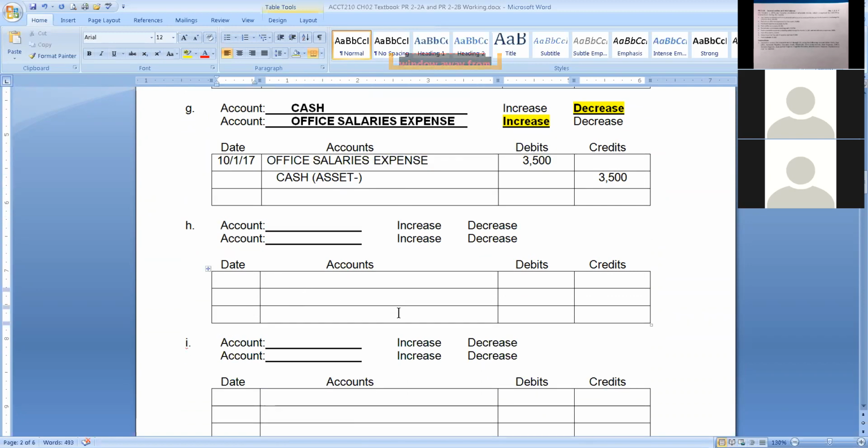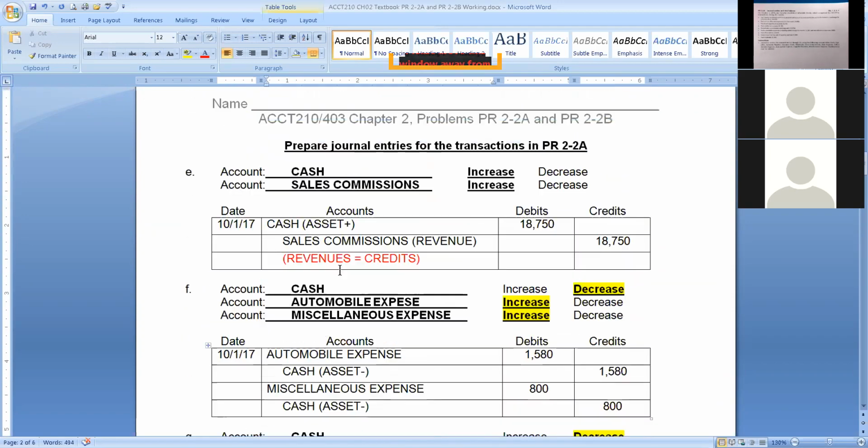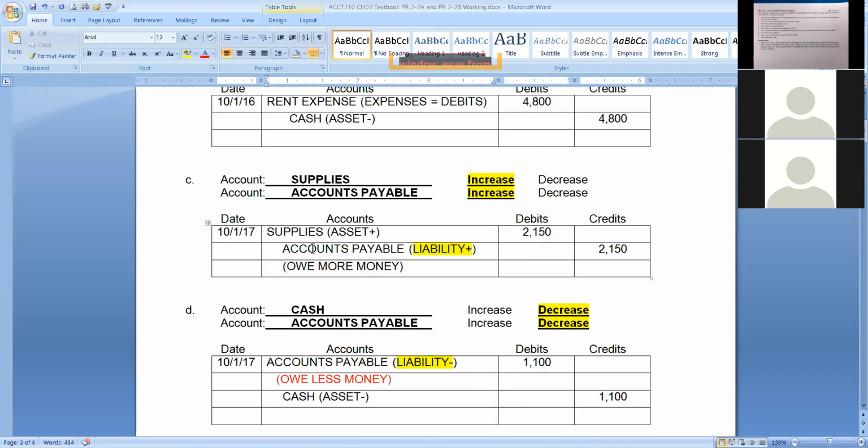Okay, H. H is a tricky one, and this is why. It goes back to C. It says that the cost of supplies used was 1,300. All right, going back to C. These supplies are an asset, so they have a value.